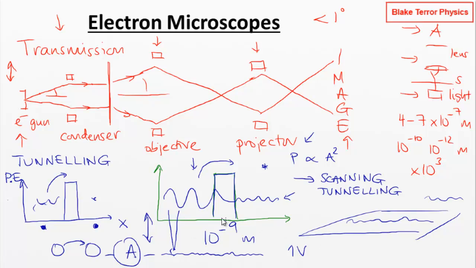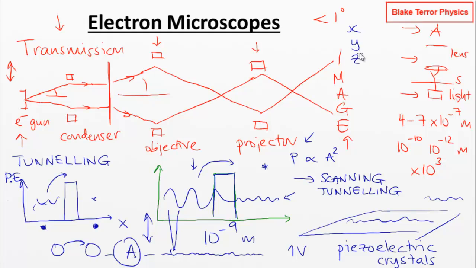So we have to hook this up to various other things. We have these piezoelectric crystals. We came across these in our electromagnetism videos. These are crystals which change size when a potential difference is applied to them. So we'll have 3 of those crystals attached to this probe: 1 for the X direction, 1 for the Y direction, 1 for the Z direction.